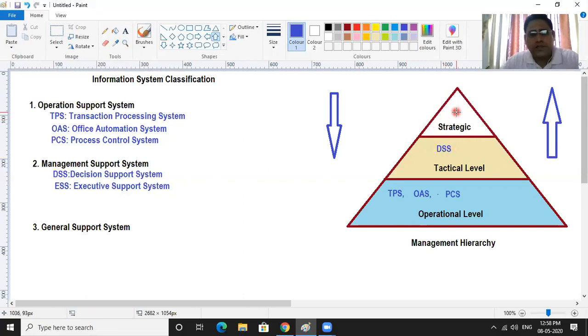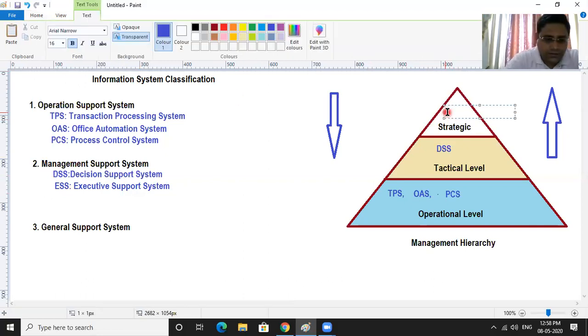They make strategies for the betterment of the organization, which is why it is known as strategic level, and the top level people come here. To support them in their decision making, we provide ESS. They are also known as executives.